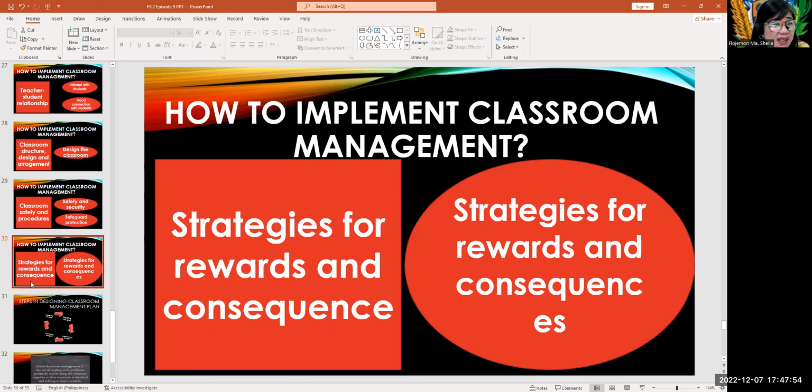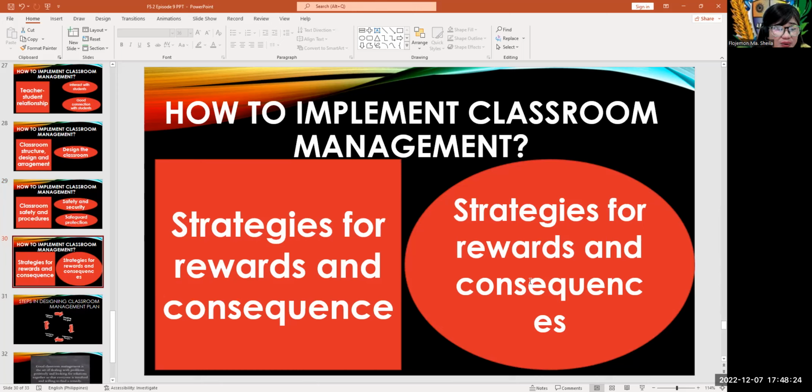Next is strategies for rewards and consequences. You have to teach your students strategies for rewards and consequences, meaning you have to let your students understand what a reward is, and let your students speak when they want to talk, and be specific if you want to give a reward.